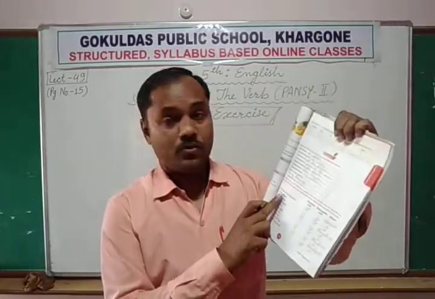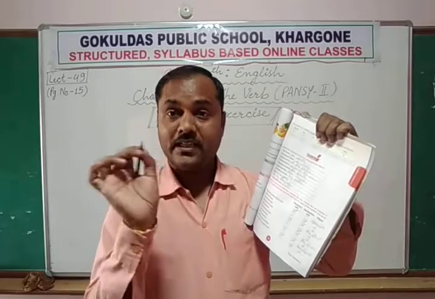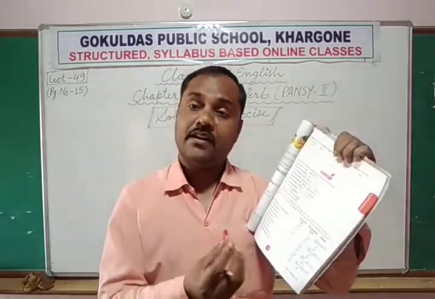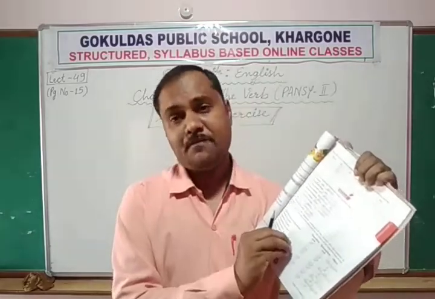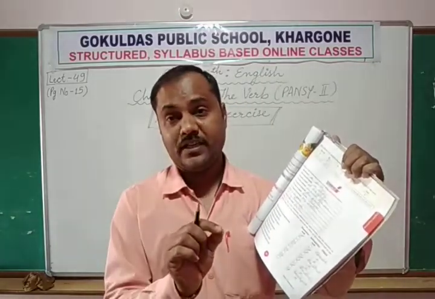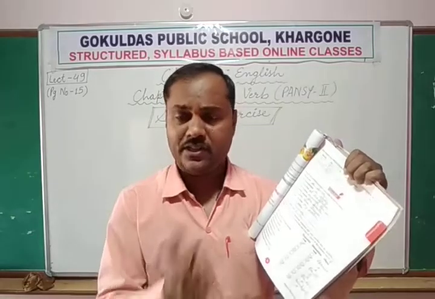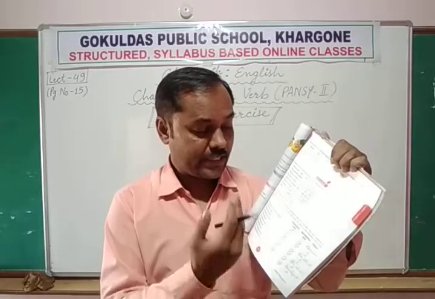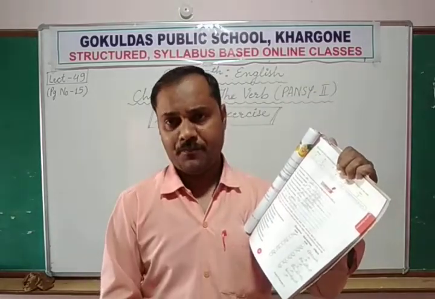Here, first we need to underline the verb in the sentence. Then after the verb, if any object is there, we can say that this is a transitive verb. If there is only complement, no object, only complement, so we can say that it is an intransitive verb.